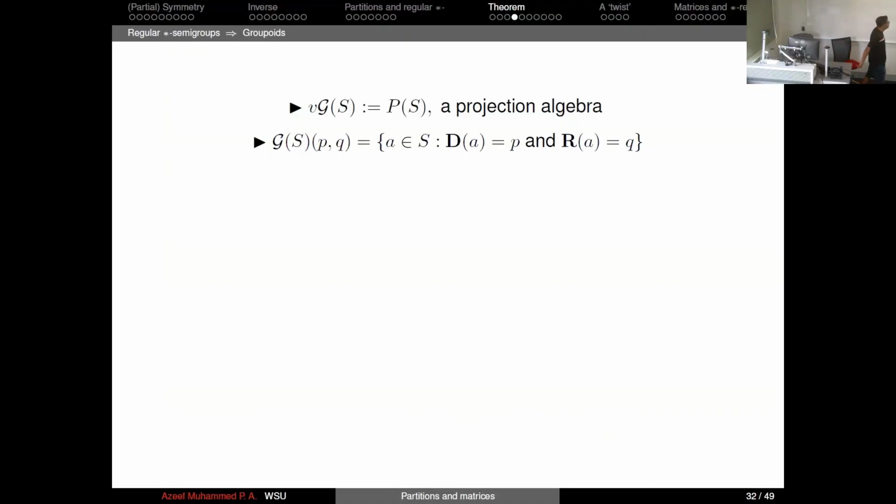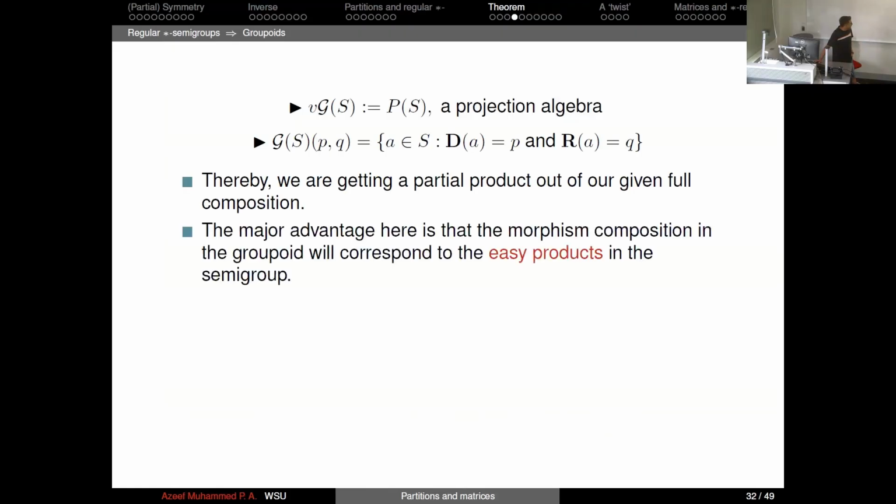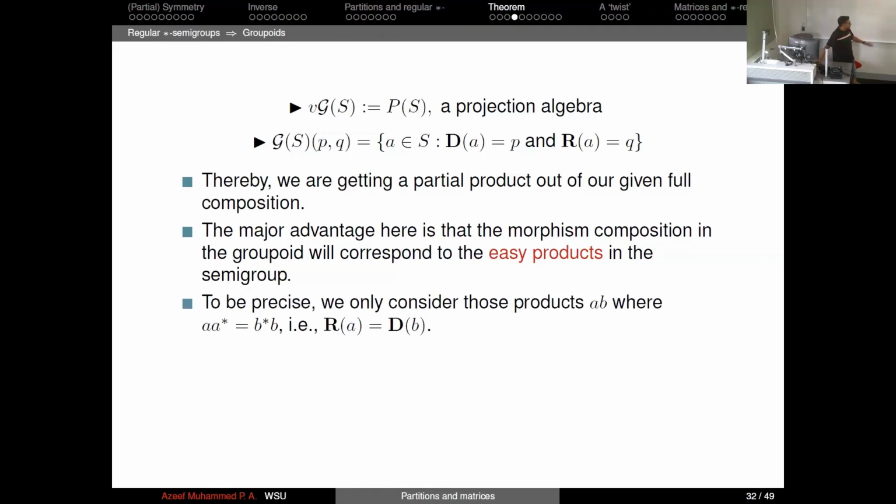And then you look at the groupoid which arises from that, where the elements of your groupoid from two objects P and Q are precisely those elements which have domain P and range Q. So A star is P and A star A is Q. And then you get a partial product out of it, just like in the inverse case, looking at products where A star is B star B. So if the range of A is equal to the domain of B, then only we compose it. It's the same story as in the inverse case.